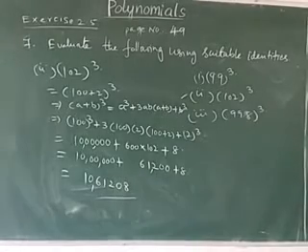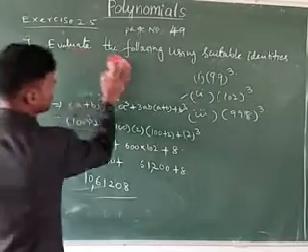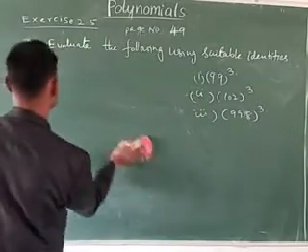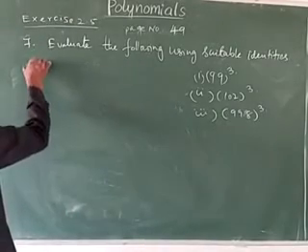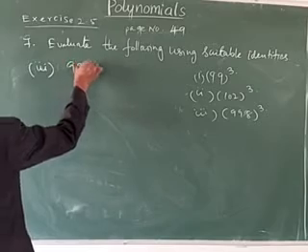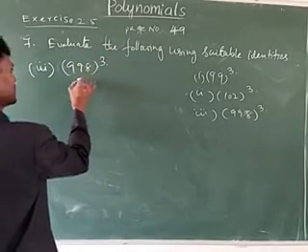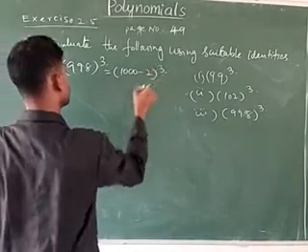Now, the third one. 98 whole cube is rewritten as (100 minus 2) whole cube.